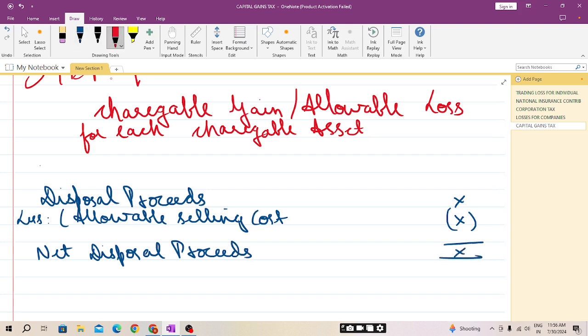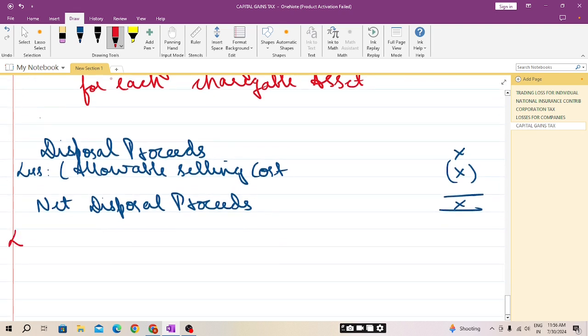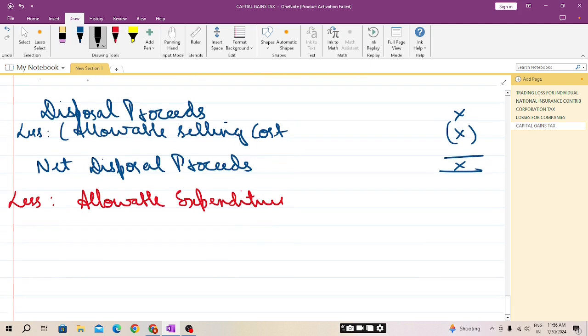Then students, we will deduct allowable expenditure. Allowable expenditure includes, the first one, the cost of acquisition of the asset.